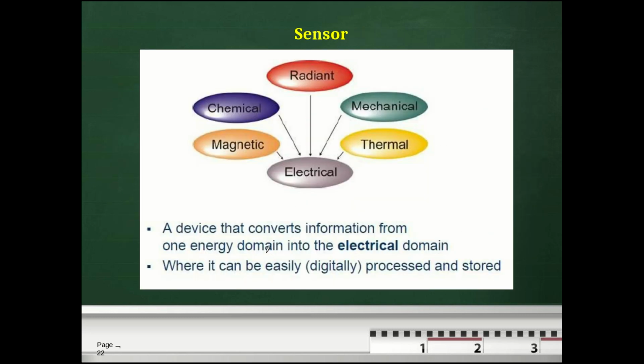The transducers here, the sensors, may be radiation or mechanical, thermal, as I said, and they convert from this type of energy to electrical. What I see here is the information.